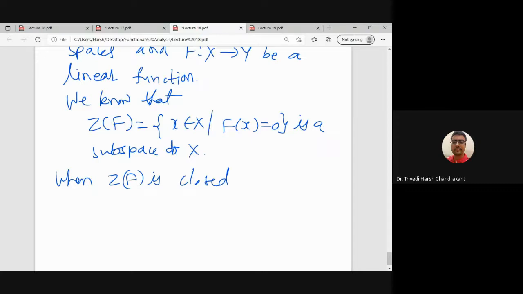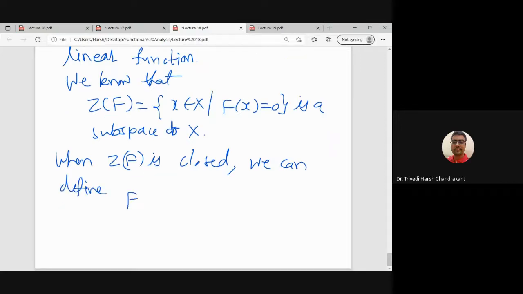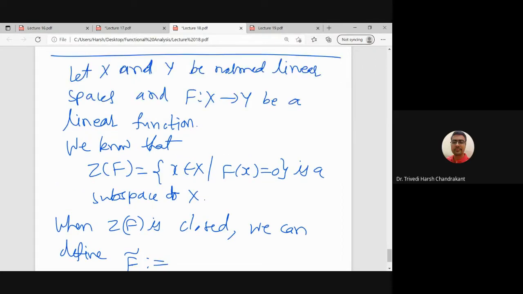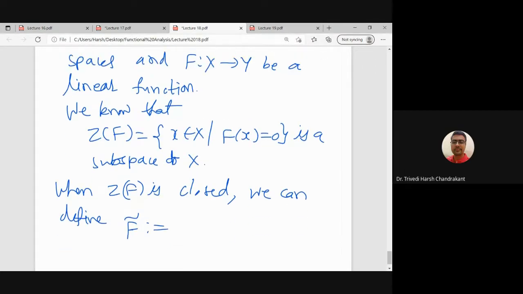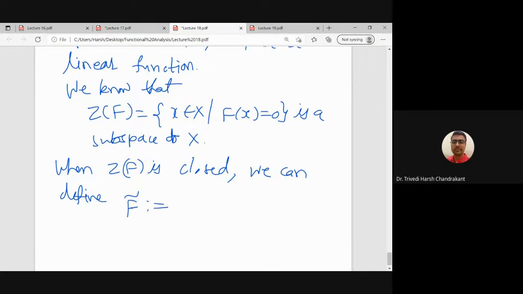Whenever Z(f) is closed, we can define a new map related to f. Using the given linear function f, we can define a new map f tilde from the quotient space X/Z(f) to y.